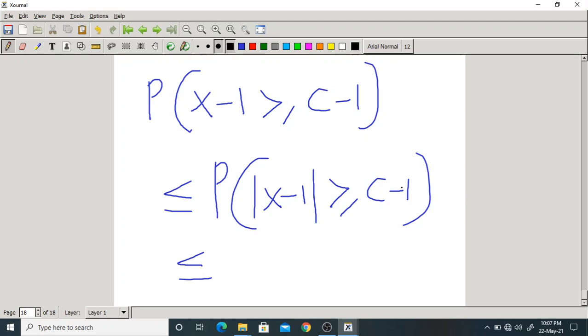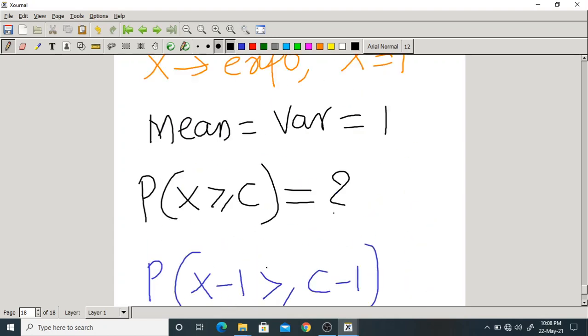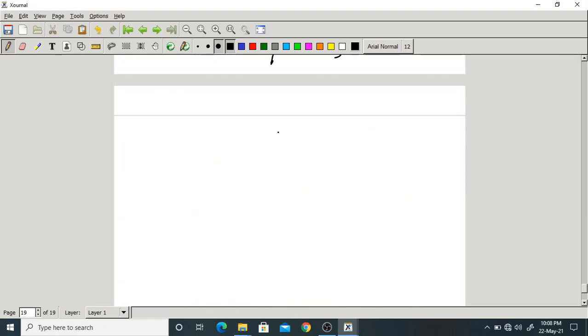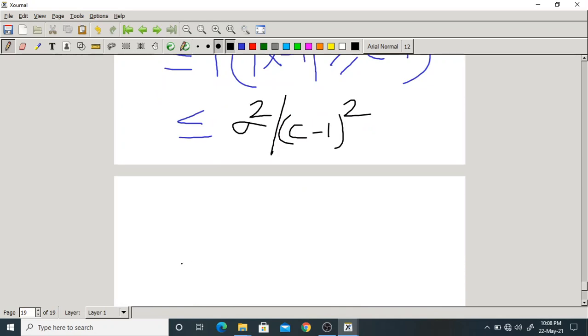Instead of c we have c minus 1, so it is sigma square by, actually we had c square, but here c minus 1 whole square. Are you getting it? But what is sigma square? The variance of this random variable is also 1. So simply this is less than or equal to 1 by c minus 1 whole square.